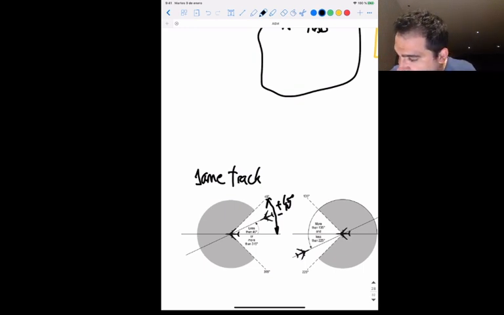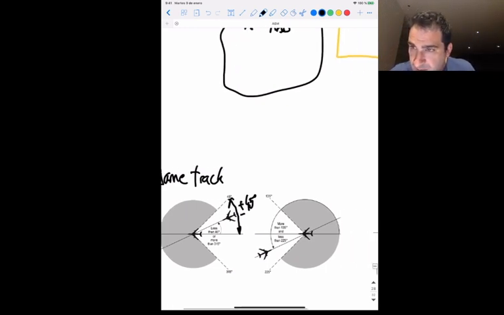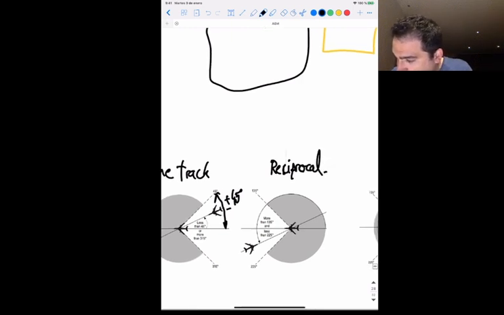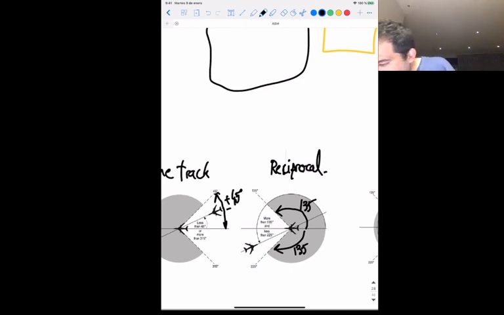That's 45 degrees. The other configuration is the so-called reciprocal configuration, and this is the other way around. We have 135 and 135, or in other words, 135 and 225.